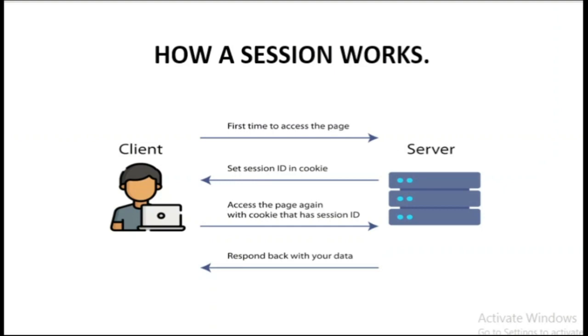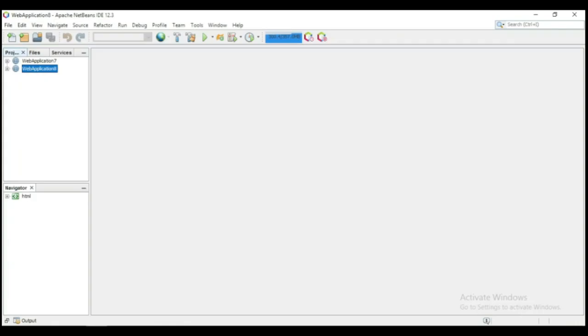So let's now take a look at a practical example for how to use a session. And for that I'm going to first of all go to my NetBeans IDE, and here I've already created a new web application. So in this I'm going to now go into my source package, and then I'm going to create a new package inside this.